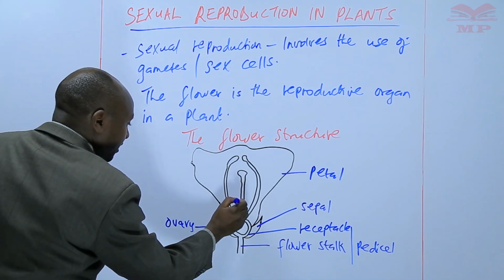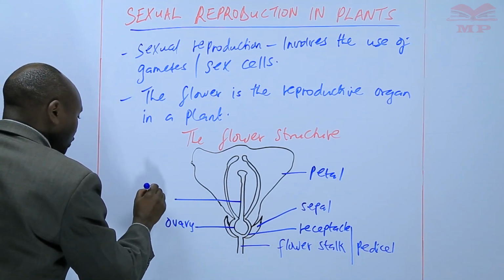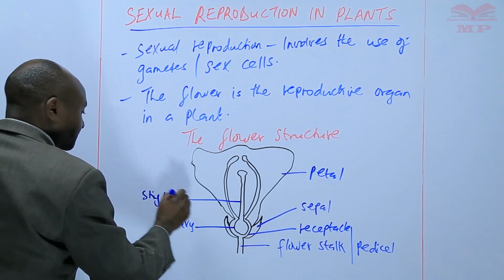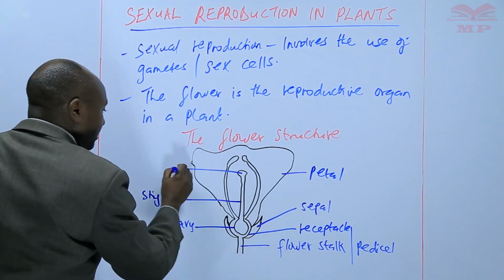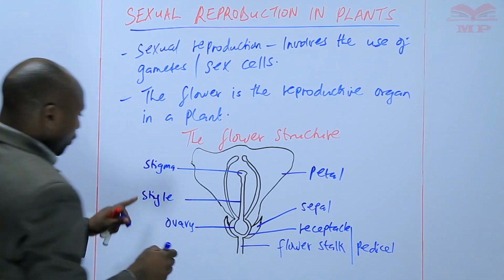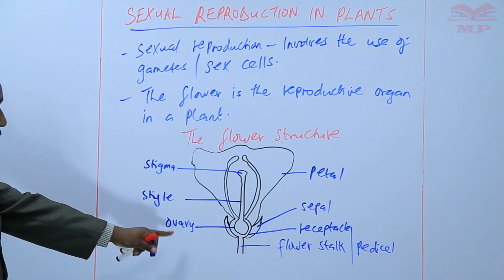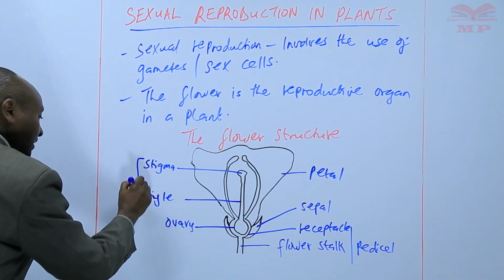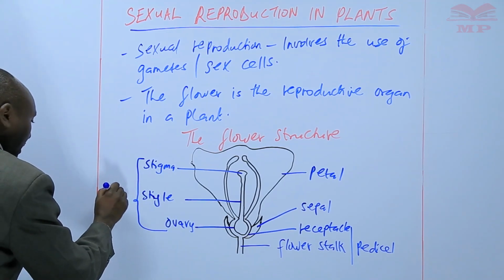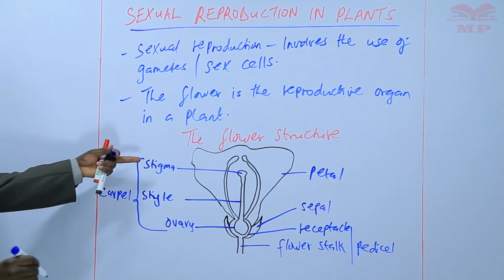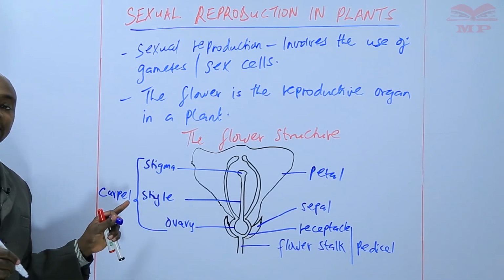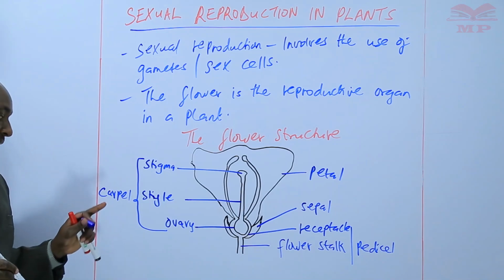Above the ovary, we have the style, the stigma is up there. So the stigma, the style, and the ovary, collectively, we have a name for that. We refer to that as the carpel. That is one stigma, one style, and one ovary collectively form what is called the carpel.